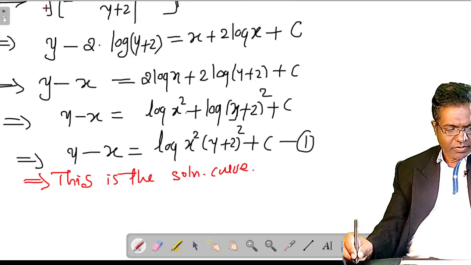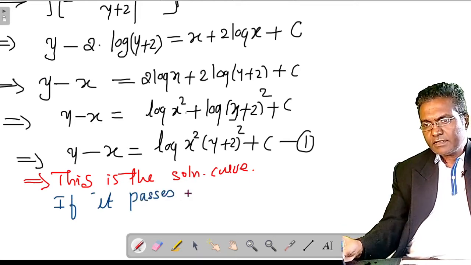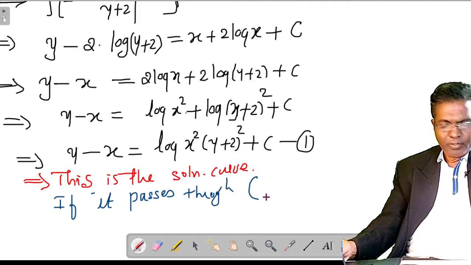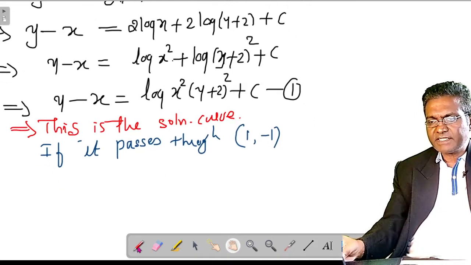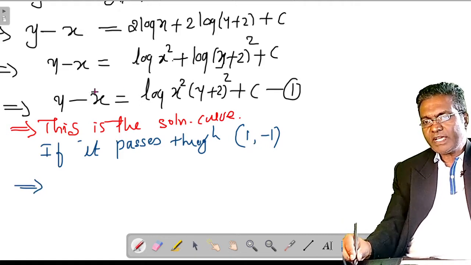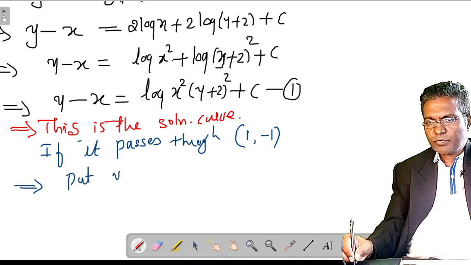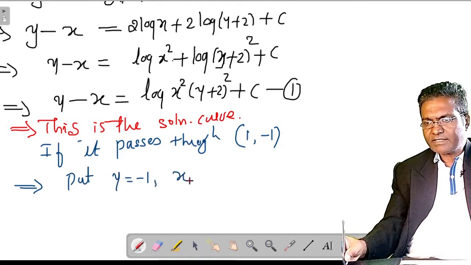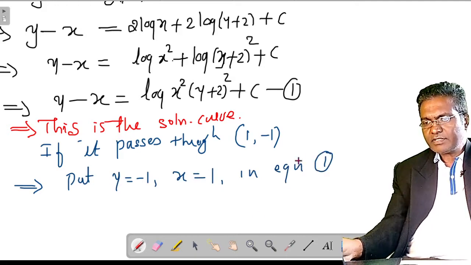Now if it passes through the point 1, minus 1, it means this point satisfies this equation. So substitute y as minus 1 and x as 1 in equation 1.